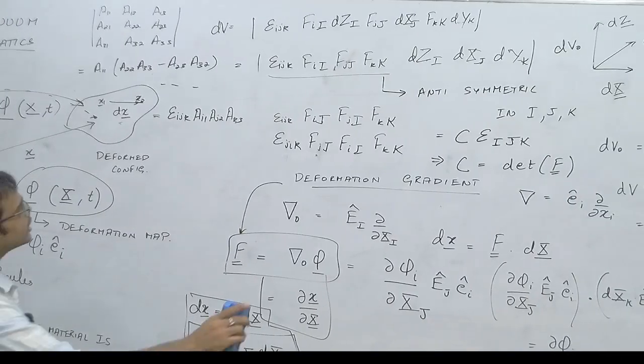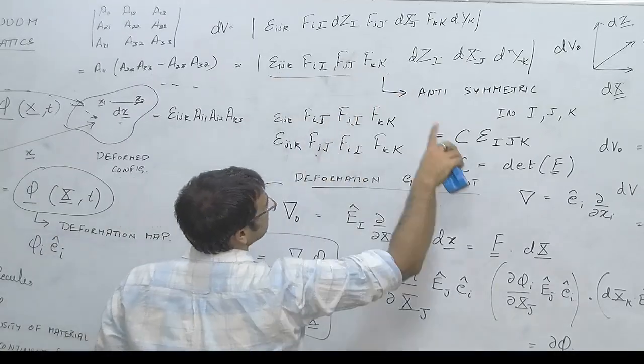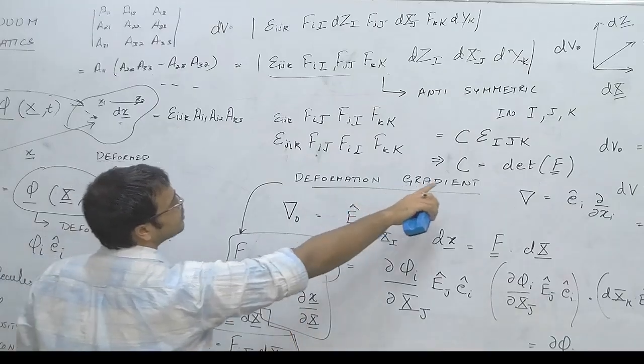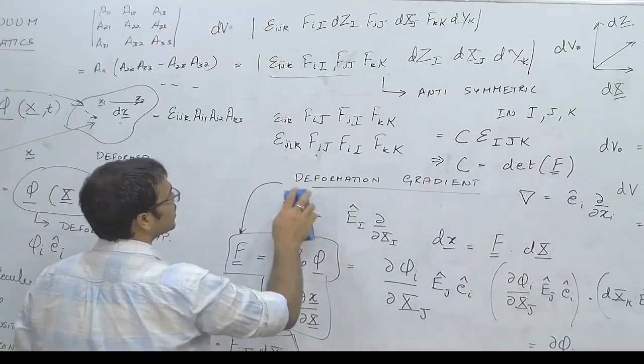But the key thing here is that I have written this expression as determinant of F times epsilon IJK.